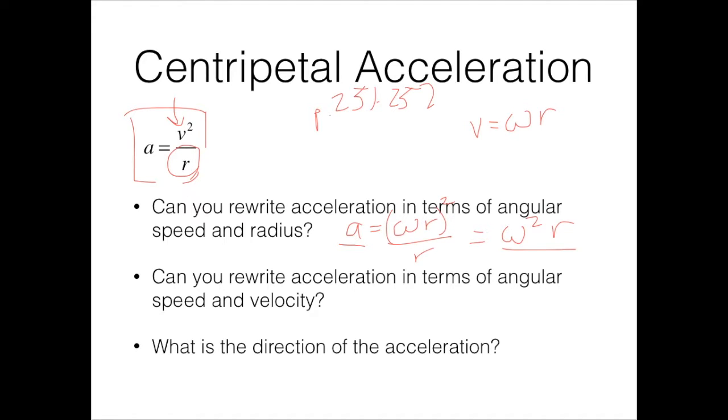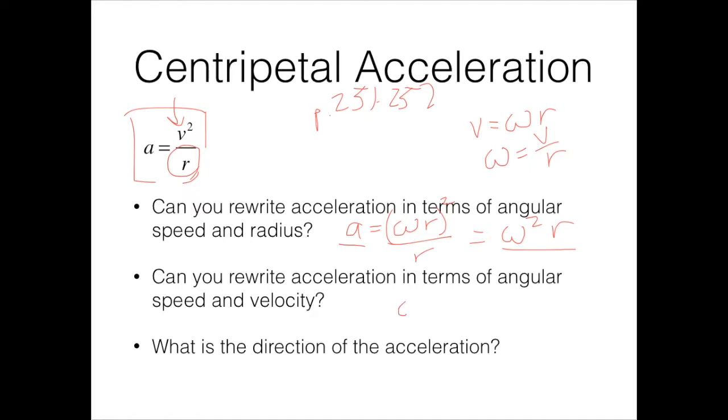We can rewrite acceleration in terms of angular speed and velocity as well, if we really want to. If v is equal to omega r, then omega is equal to v over r. And so I could put v over r in for one of those omegas.